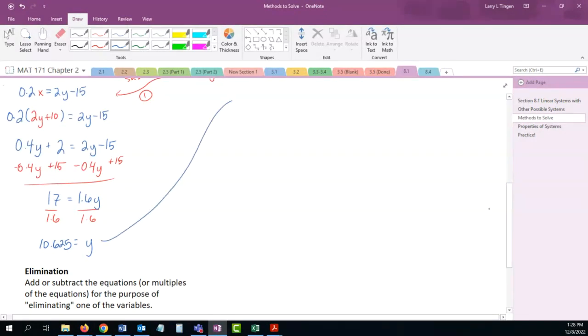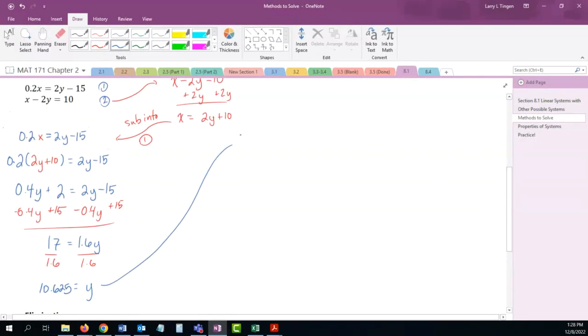Okay, so now I have to come back and I'm going to resubstitute this, because I need to find x. All right, so I go back to my original. I'm going to pick equation 2, doesn't matter which one you choose. And equation 2 says x minus 2y is equal to 10. Well, I know what y is. y is 10.625.